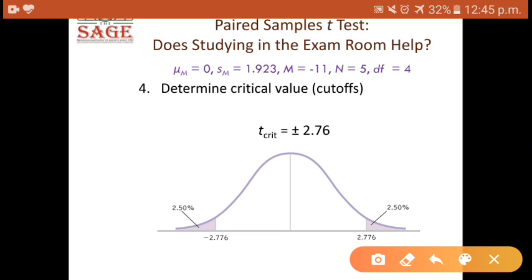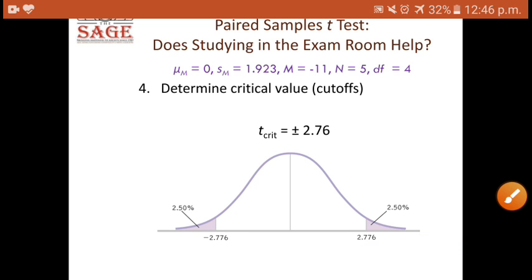If we put it on the normal probability curve, this is the zero value, and minus 2.776 is going to come over here, and plus 2.776 is going to come over here. And the shaded part is, because it is a non-directional test, both sides are to be taken into consideration. If the calculated value comes in the shaded part, we will reject the null hypothesis.